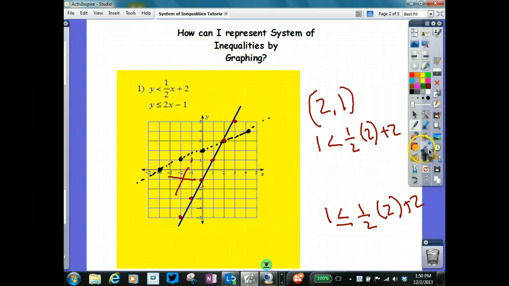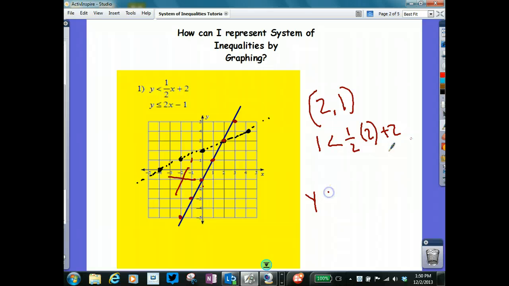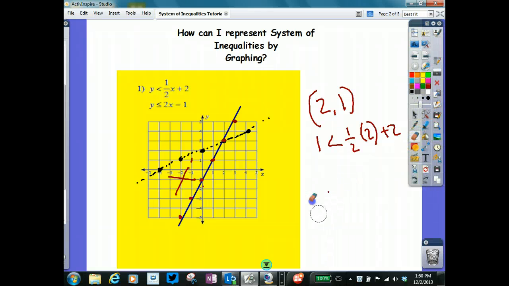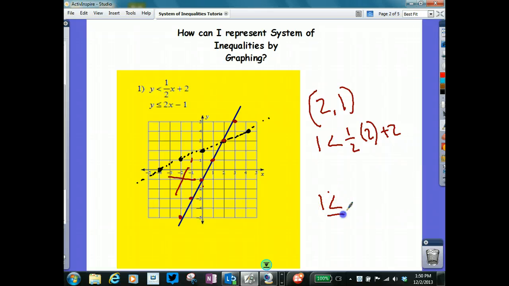Oh, mistake here. Wrong equation. I'm catching myself making all kinds of mistakes here. Goodness. All right, let's try this again. 1 is less than or equal to 2 times 2 minus 1. There we go.